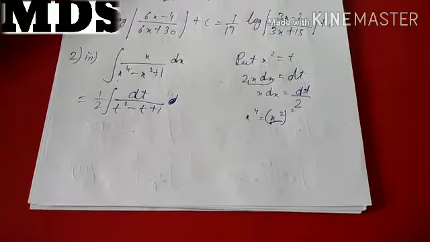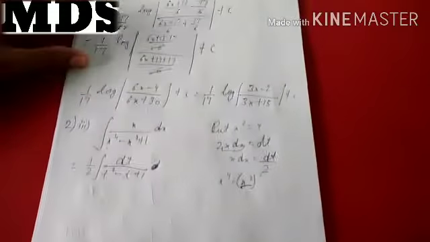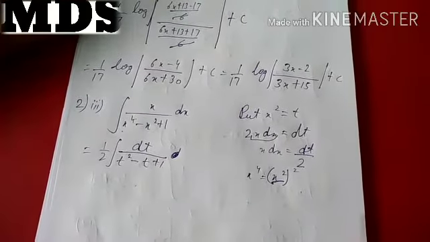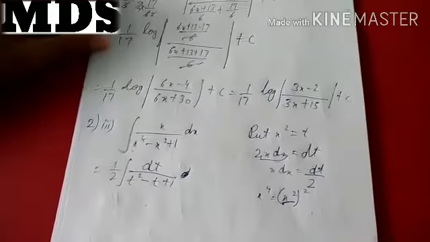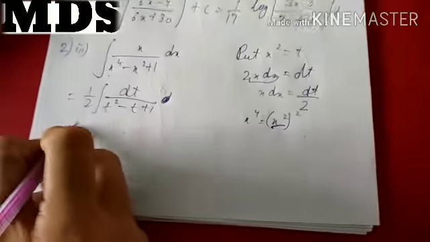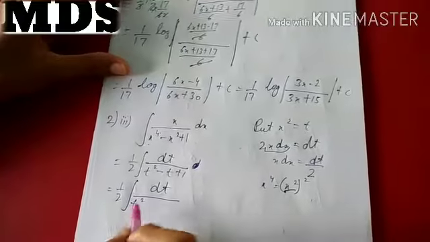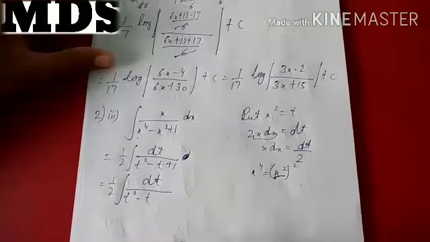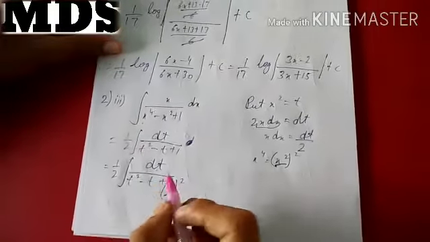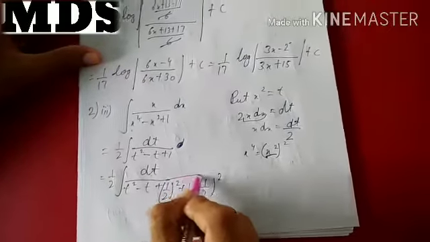Now what is the next step? I am going to add and subtract the square of half the coefficient of t. So what I will get is dt by t square minus t. What is the half of 1? 1 by 2. So I will add (1 by 2) square plus 1 and subtract (1 by 2) square.